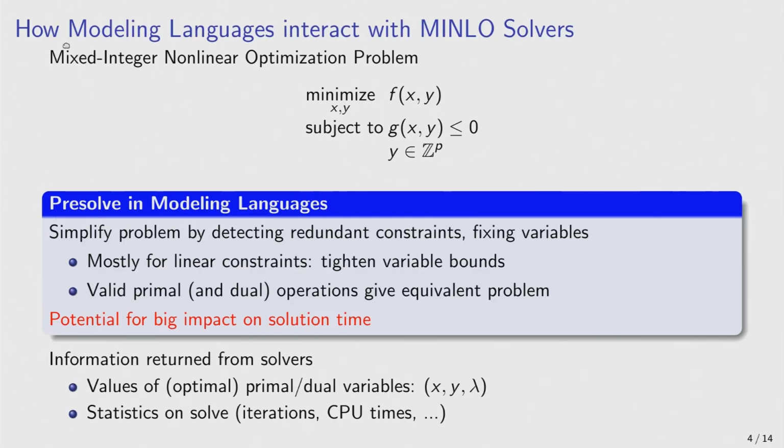In return, they also give you nice things like presolve. So presolve is operations that are very cheap, that are carried out before you solve the problem. So the problem is often reformulated. And you can, for example, detect redundant constraints.